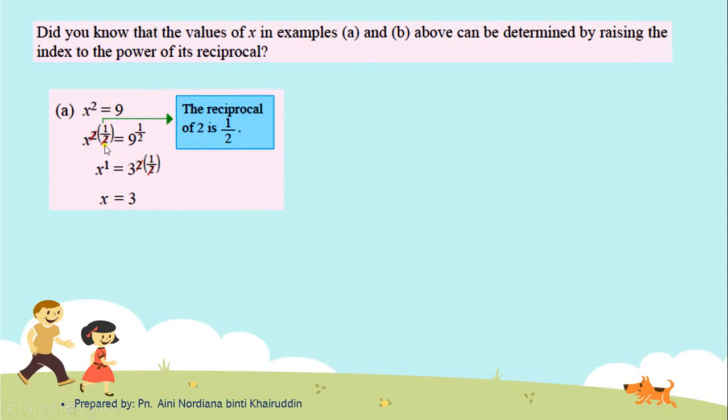So when you add 1 over 2 to the left hand side, you should do the same thing at the right hand side. So 9 here is actually 3 squared. So the power you can simplify because this is 2 times 1 over 2, so cancel out the 2. So you get x to the power of 1 equals 3 to the power of 1. So that's why we get x equals 3.